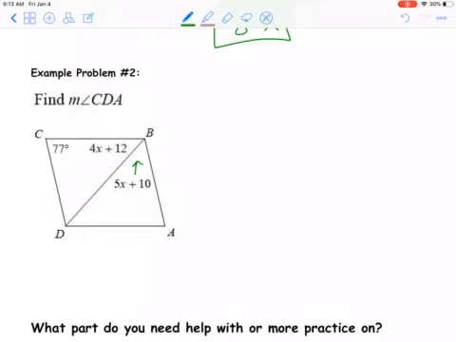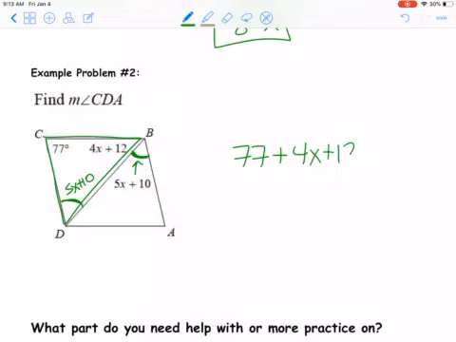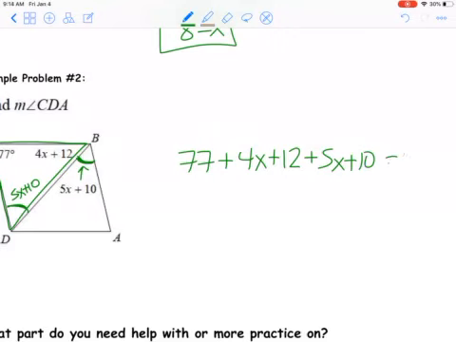Okay, this one here is one where you'll have to know about those angles being equal. So if this is this angle here, remember we can switch it over to over here. And then we've created a triangle of angles. So 77 plus 4x plus 12 plus 5x plus 10 equals 180.